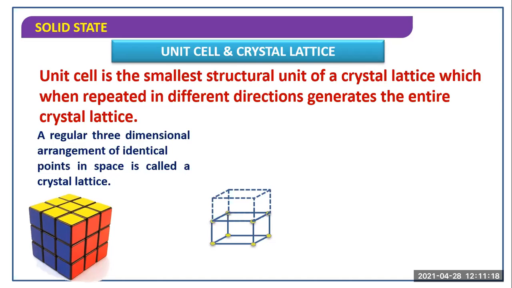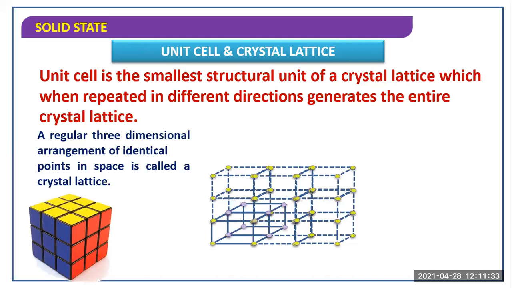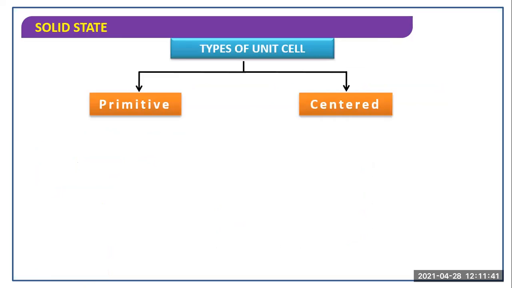When it's repeat, that's mean unit cell in this way. There is a repeat, three-dimensional repetition. Okay, this is the three-dimensional repetition. Okay, so this is the crystal. This is the whole crystal. So it builds a crystal.